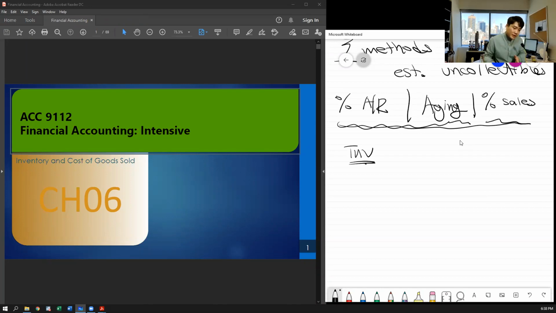As you're making sales of products, your inventory will be reduced, and at the same time you'll be recording what is called cost of goods sold. The lessons in this chapter cover various methods to estimate the cost that's related to the sales, and we're going to cover them today.